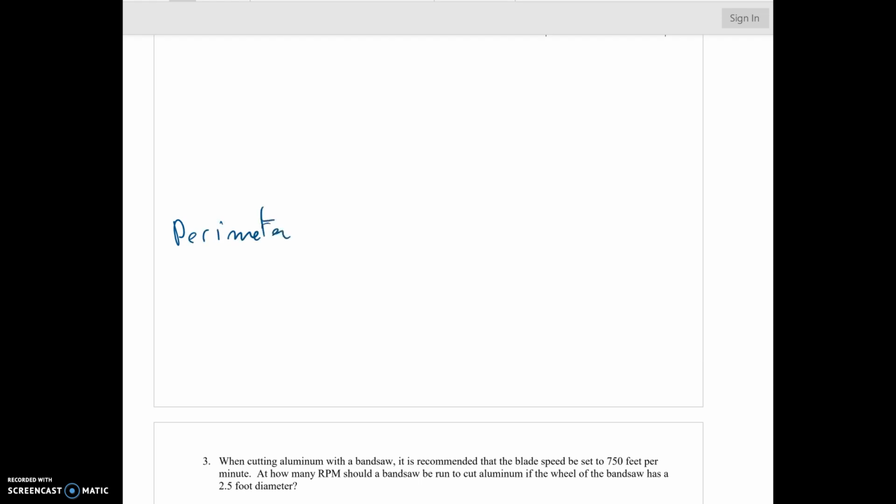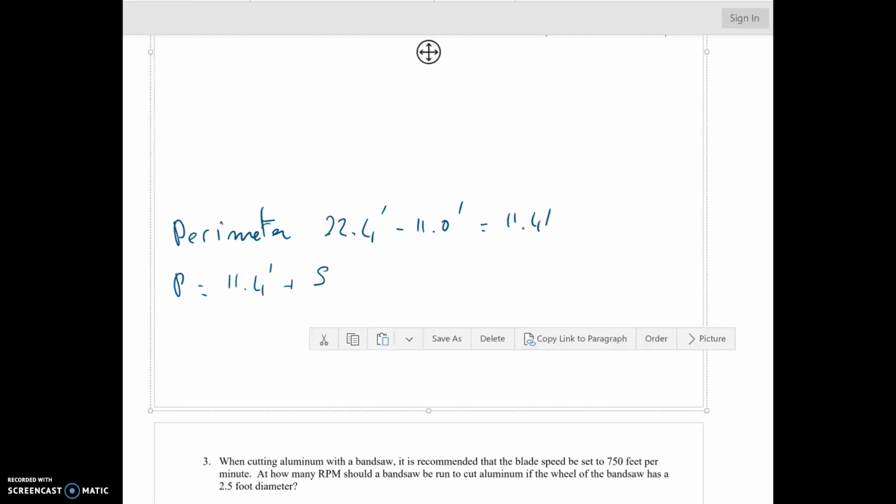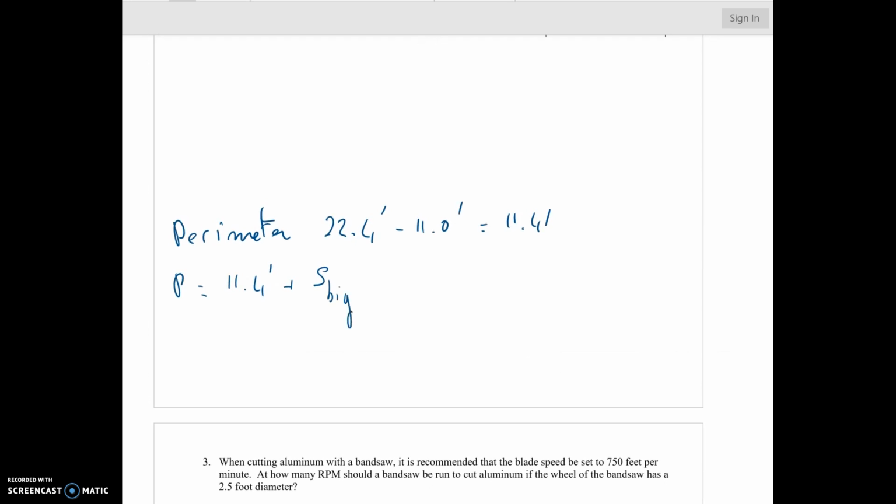I was forgetting that. 22.4 minus 11 will give me 11.4, and the perimeter is supposed to be equal to 11.4 plus the arc length of the big radius, plus 11.4, plus the arc length of the little radius.